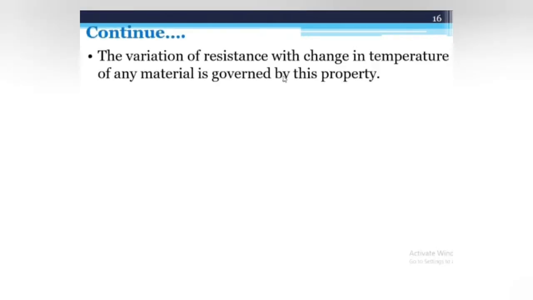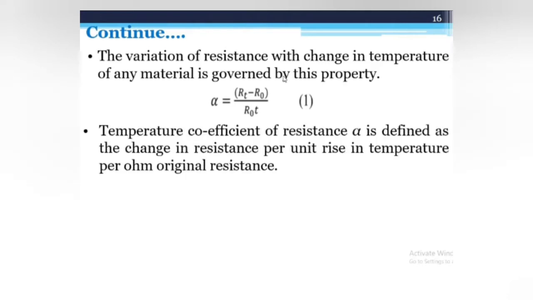The variation of resistance with change in temperature of any material is given by alpha equal to RT minus R0 divided by R0 into T. The temperature coefficient of resistance alpha is defined as the change in resistance per unit rise in temperature per ohm of original resistance.